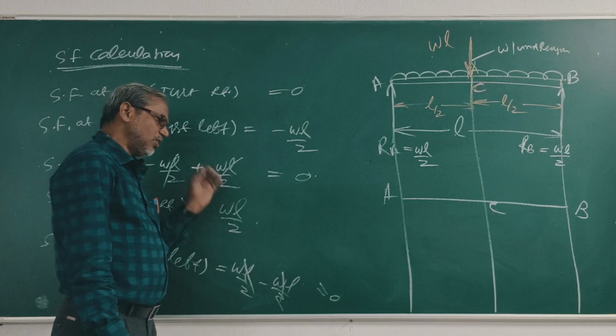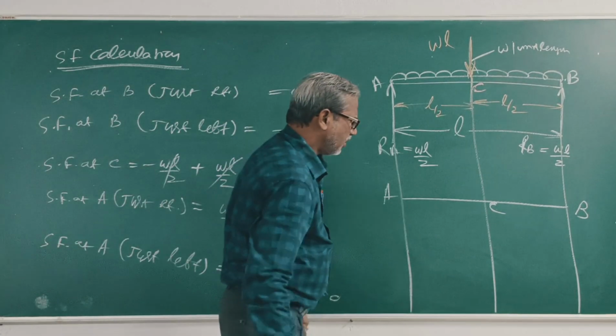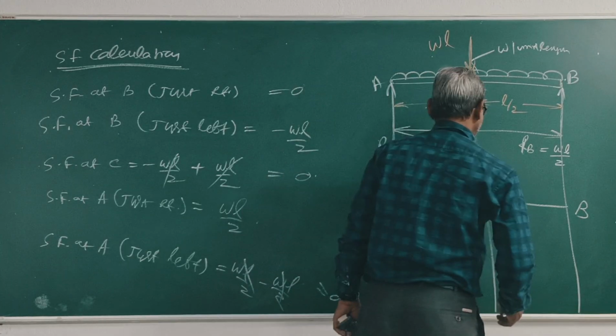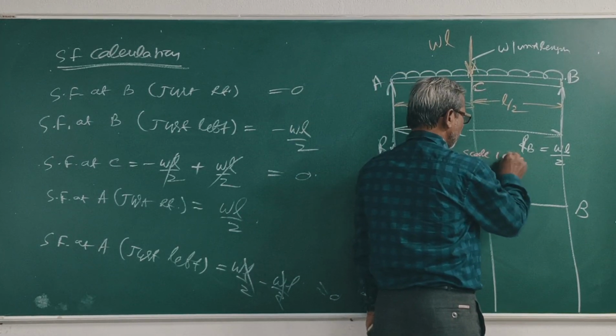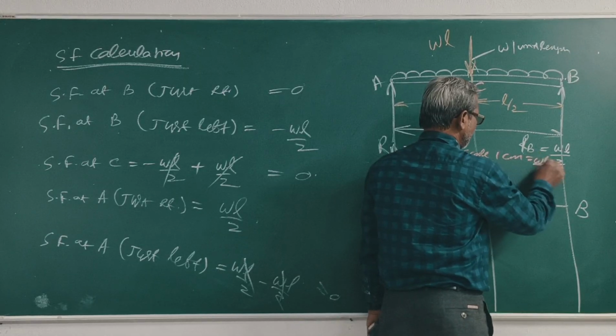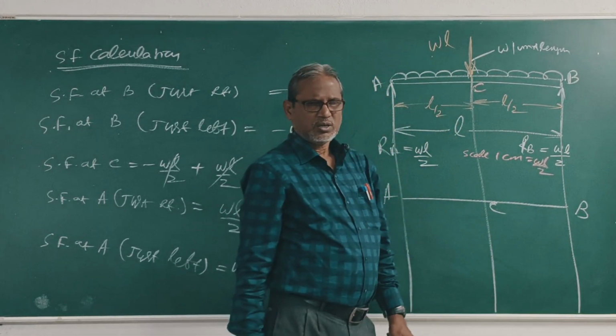Right? Now draw the SF diagram. Scale: 1 cm is equal to wL by 2. Clear?